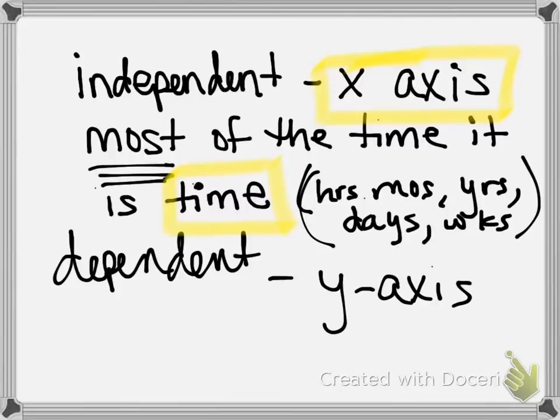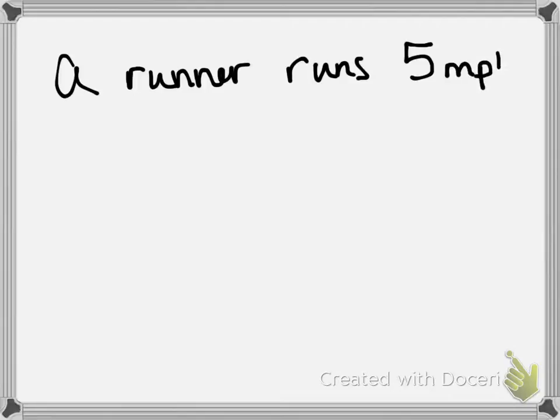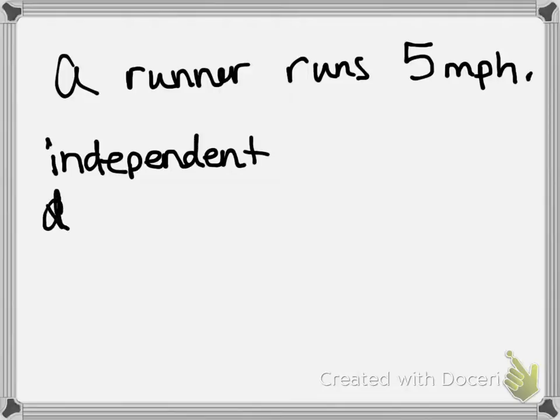So let's look at another example. Let's say I'm talking about the distance run. So if I have a runner running 5 miles per hour, and I need to write an equation to represent this real situation. Well, the independent variable and the dependent variable can be easy to find if you can make a sentence.